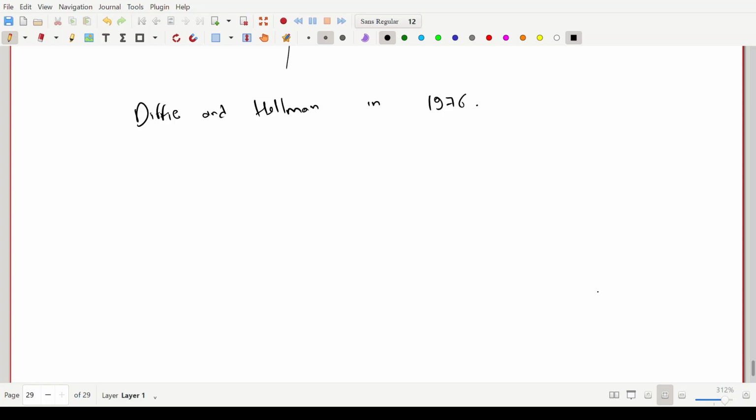For that, let us first quickly see what is a one-way function. I had already told you in the last class what is a one-way function.